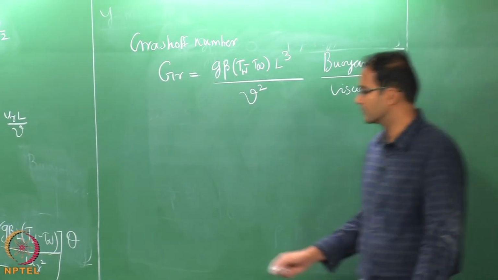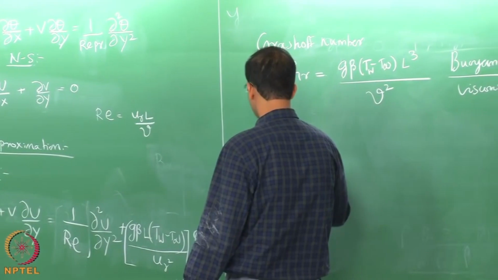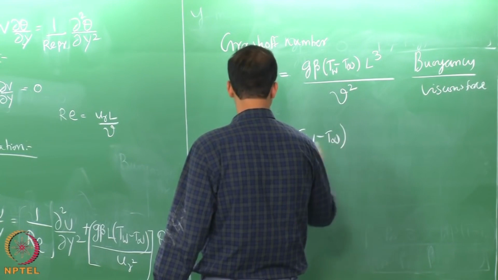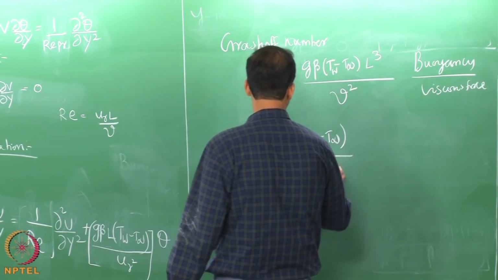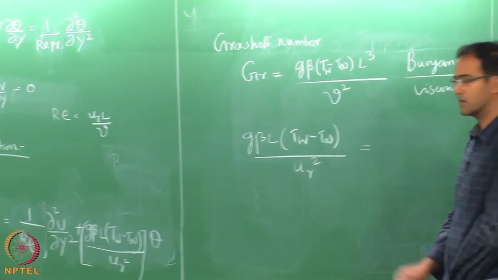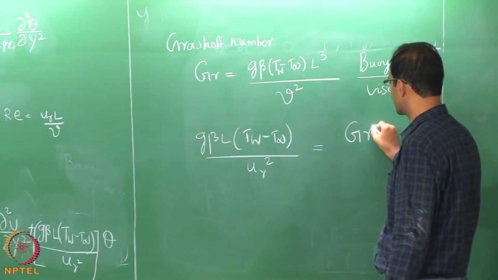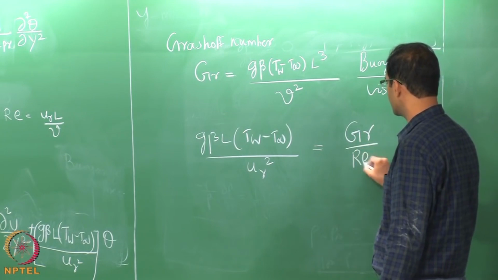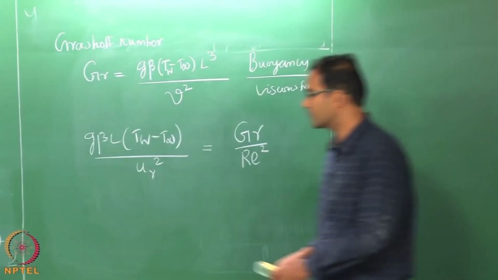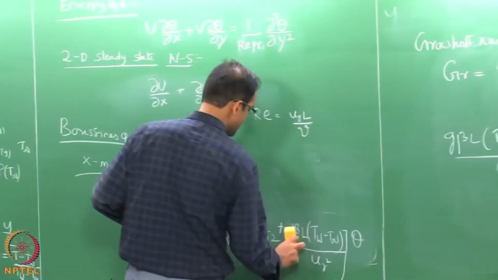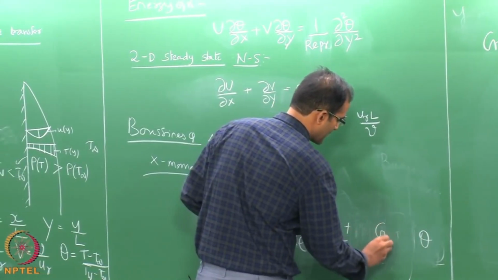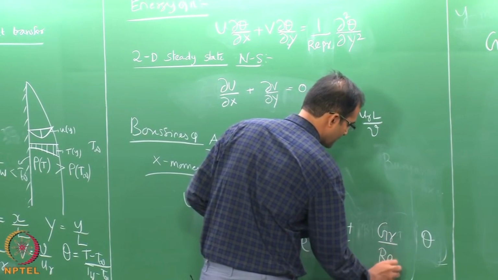So, therefore, you can write g beta L into T wall minus T infinity by U_r square. How do you express this in terms of Grashof and Reynolds number? Turns out that this is nothing but Grashof by Reynolds number square. Okay. So, therefore, this entire non-dimensional group is nothing but the ratio of Grashof to Reynolds number square.